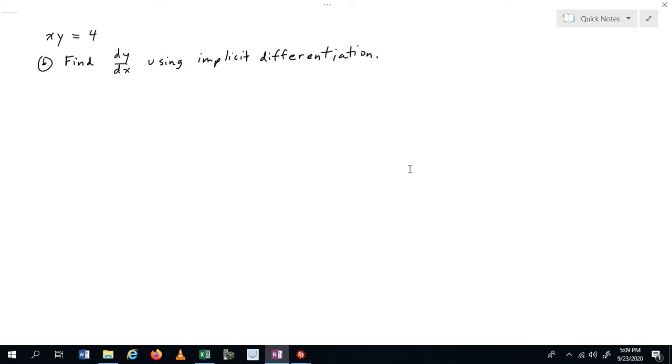The reason it's called explicit differentiation is because you have to explicitly solve for y before you find the derivative. If you're going to do it implicitly, we skip that step. And so our first step here is to simply take the derivative of both sides with respect to x. We skipped the first step that we did before, and we jump to the second step. Okay, so we're just going to take the derivative of both sides of this equation with respect to x.